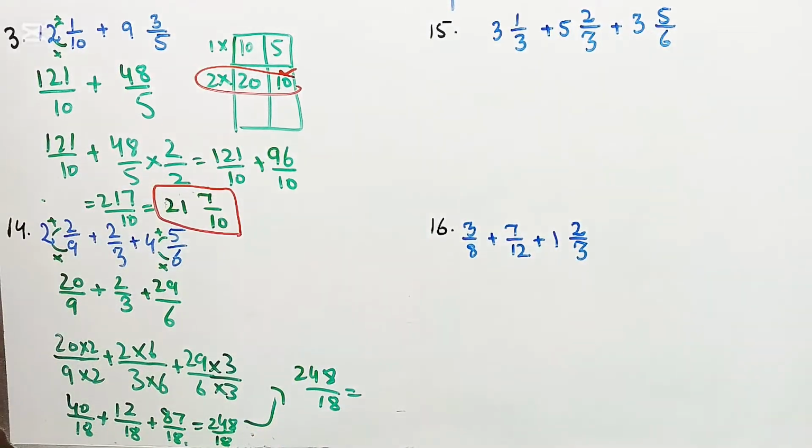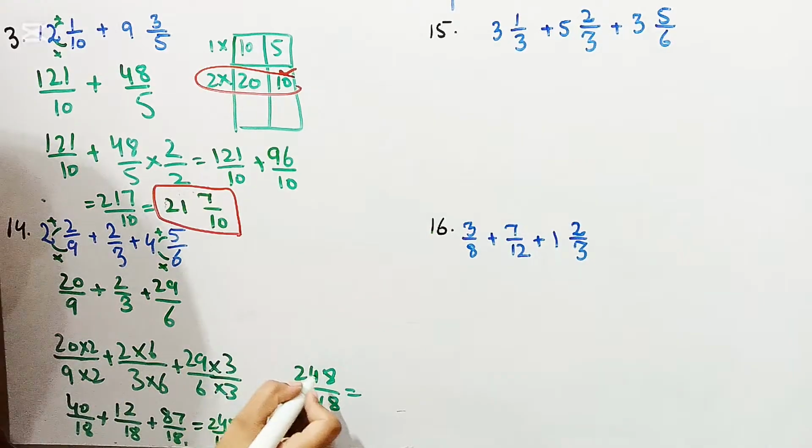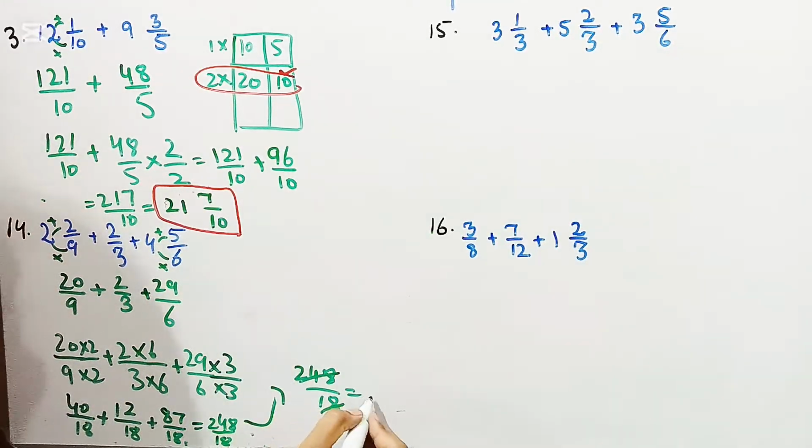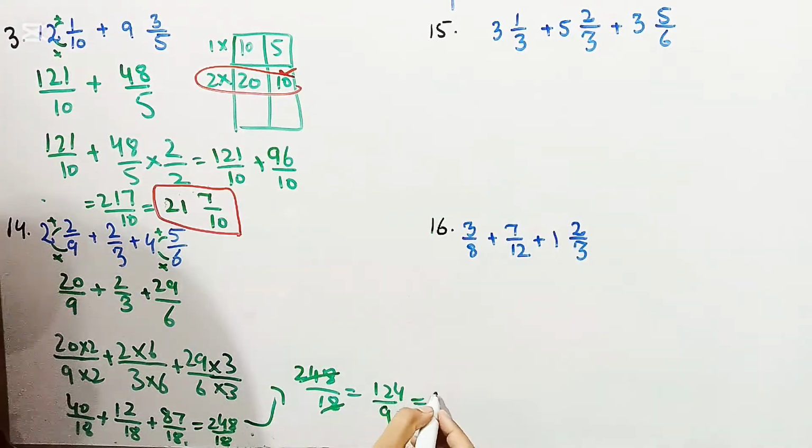When we simplify them, 134 divided by 9. When we divide them, my final answer is 16 4/9.